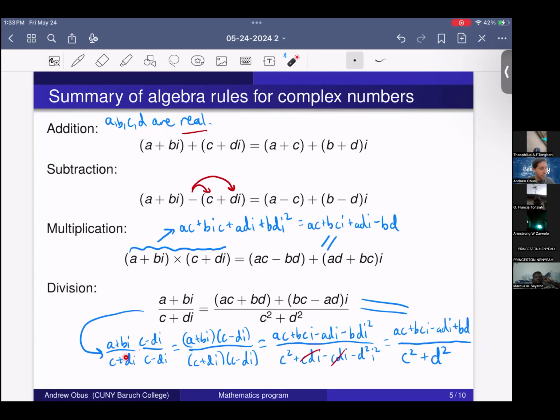We're given C plus Di. We need to use C minus Di so that we can guarantee that at the end, we end up with something real, right? Maybe I should mention this denominator over here, this is real. Okay. So this is what guarantees that we end up with something real. Okay, you're welcome. Other questions?